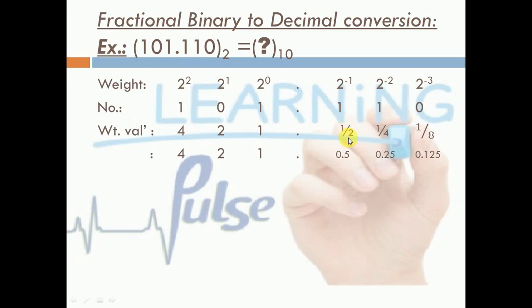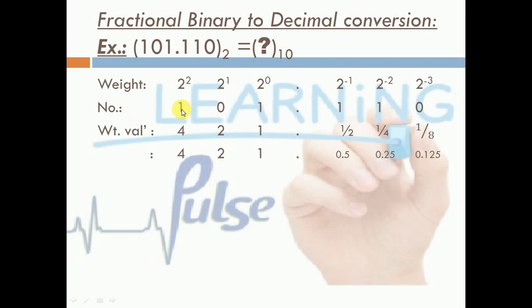And if we calculate these fractions, we get 1 by 2 as 0.5, 1 by 4 as 0.25 and 1 by 8 as 0.125.